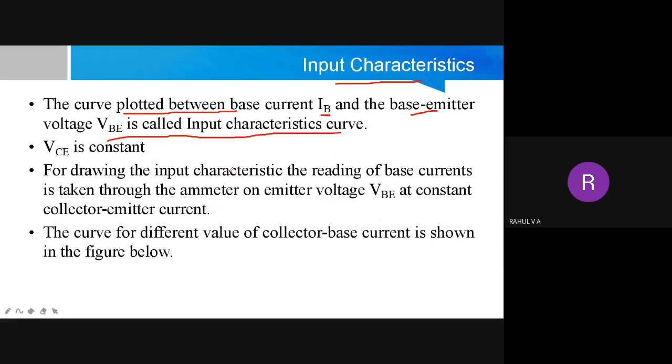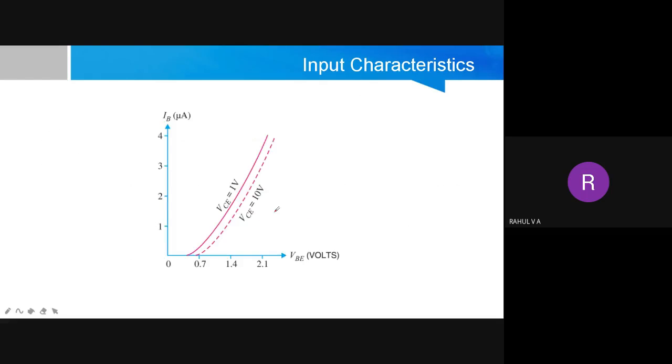For drawing the input characteristics, the reading of base current is taken through the ammeter, and base emitter voltage at constant collector emitter voltage. Collector emitter voltage must be provided constant, and we have to read base current and base emitter voltage. When collector emitter voltage is constant, collector current is also constant.